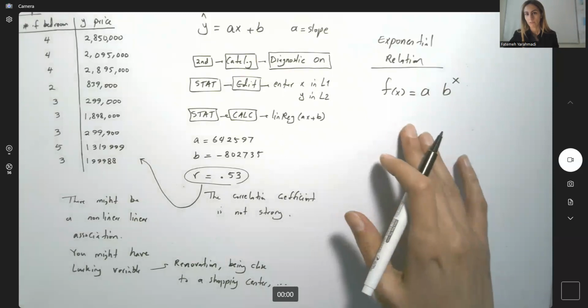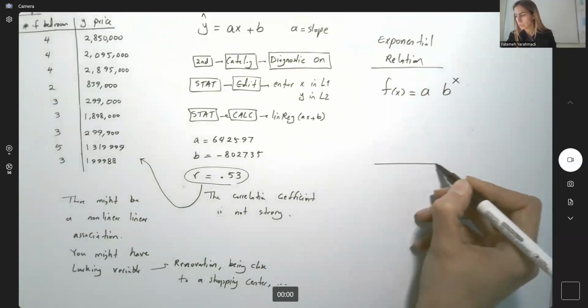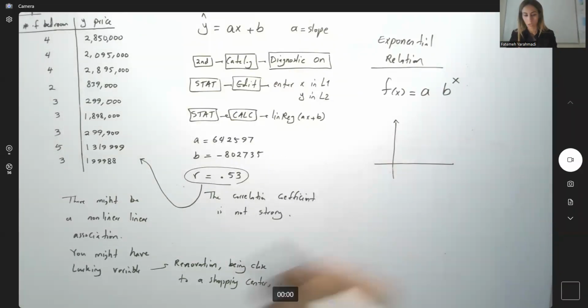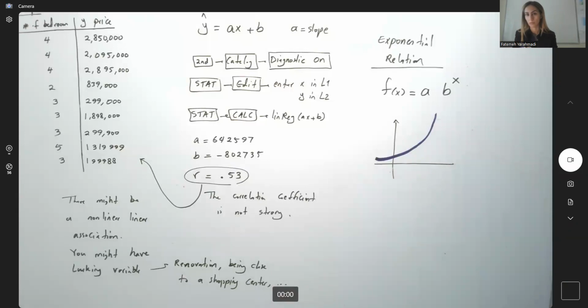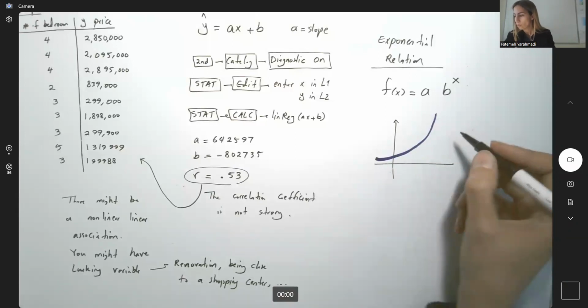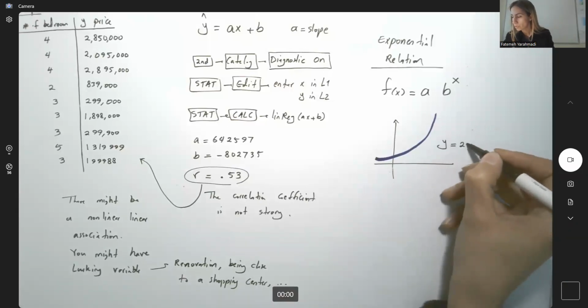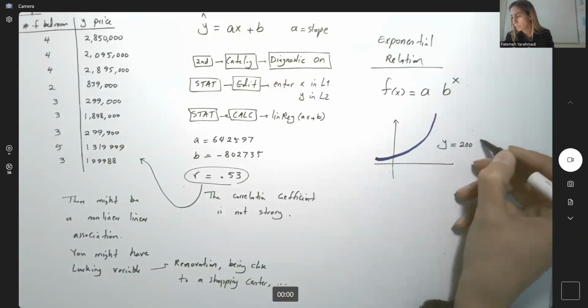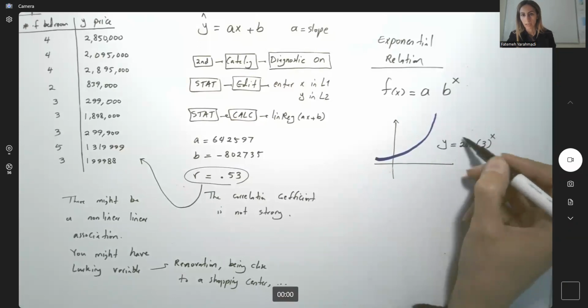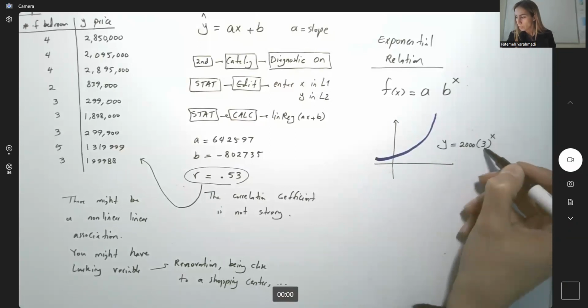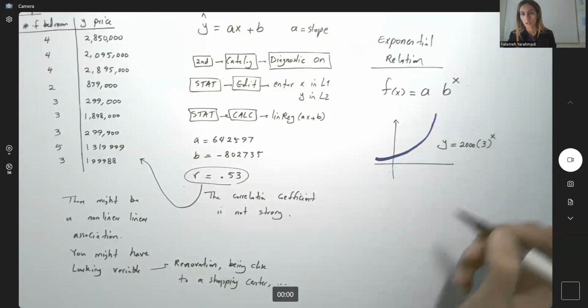When you have functions like this, the behavior of the function is going to be increasing this way. For example, you might have f of x or y equals 2000 times 3 to the power x. The initial value is 2000 times the base raised to power x.